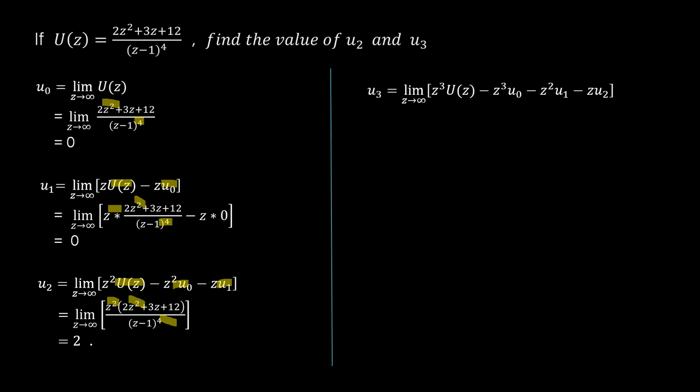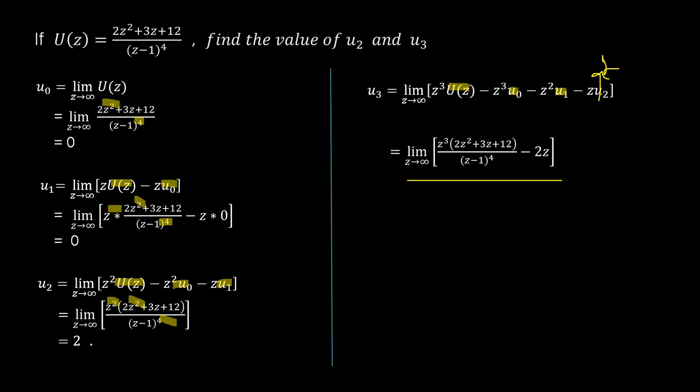By substituting U(z), u0, u1 and u2, we will get u3 as limit z tends to infinity z cube into (2z square plus 3z plus 12) divided by (z minus 1) whole to the power 4, minus 2z. You can't directly apply the limit.